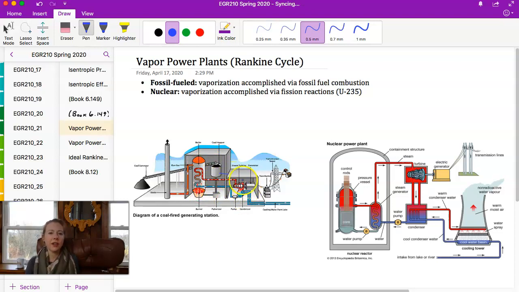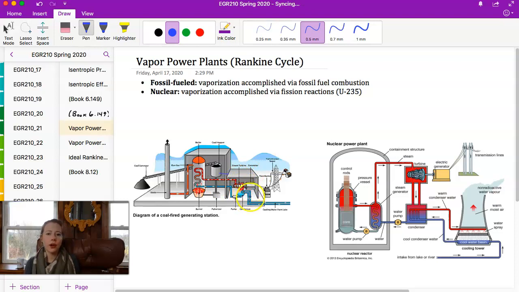And so it's slightly cooler after it comes out of the turbine. But what we do is we further condense that water and we pump it back through as the working fluid that gets reheated. Okay, so it passes through the turbine.